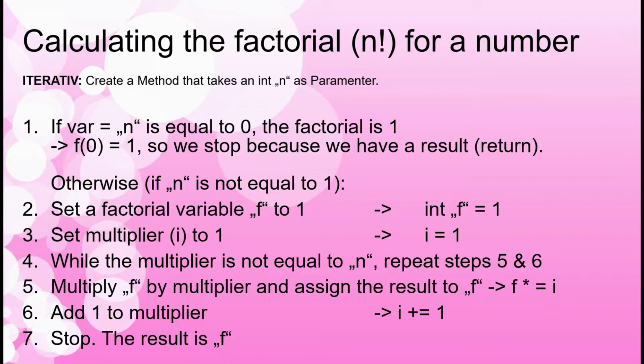Let's see steps 5 and 6 now. You multiply f by multiplier and assign the result to f. And we can write it in Java this way, as you can see here. And then you add 1 to multiplier, until you reach the number n. When you reach the number n, then you stop, because the result will be f.